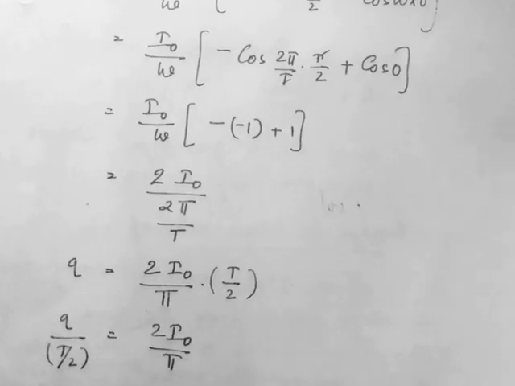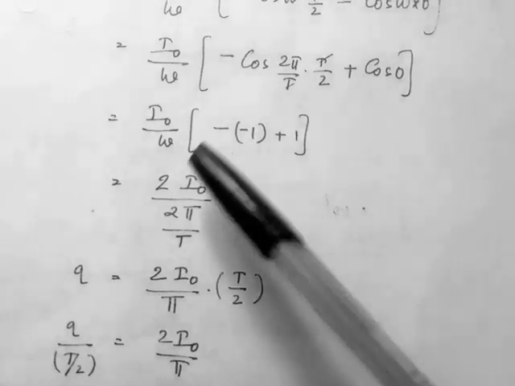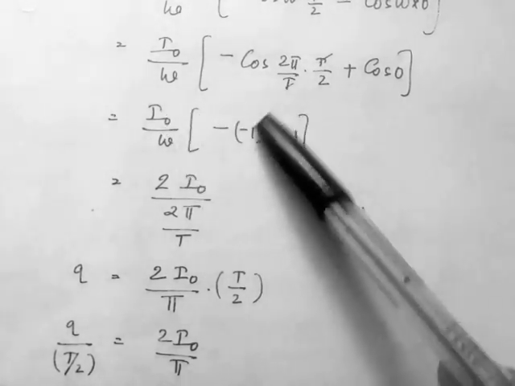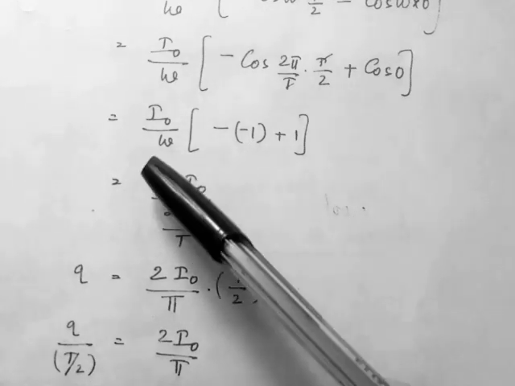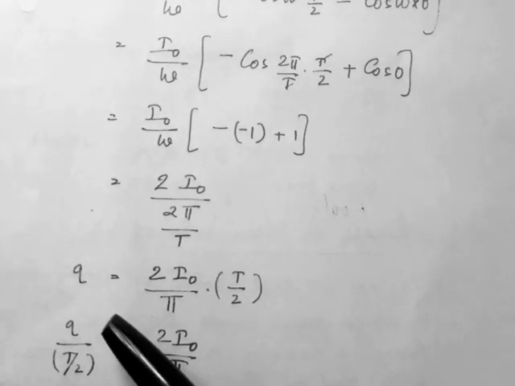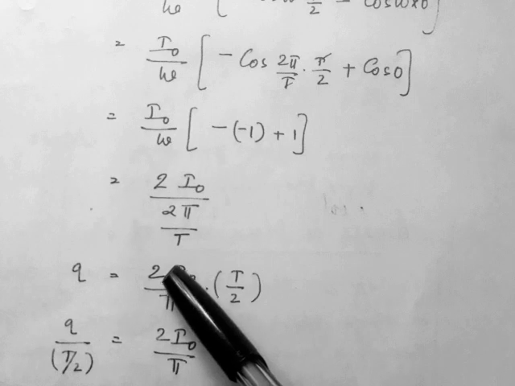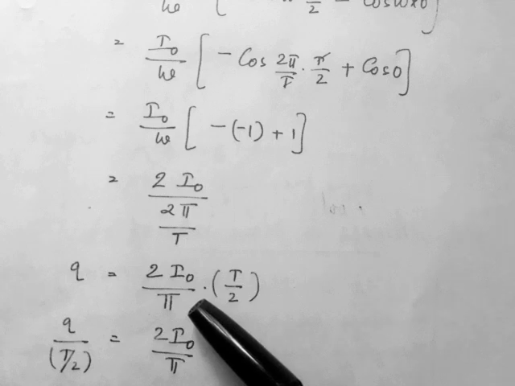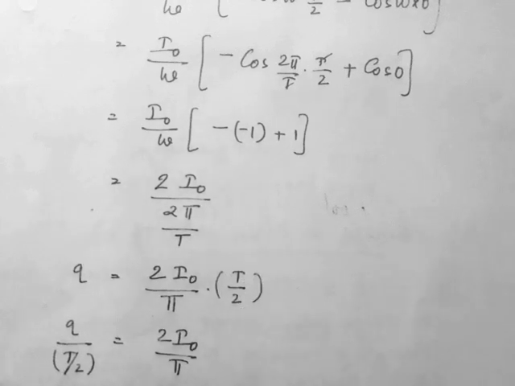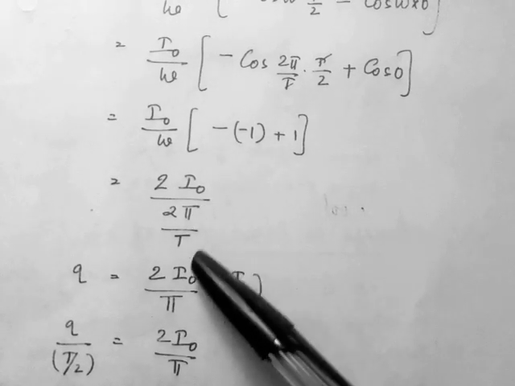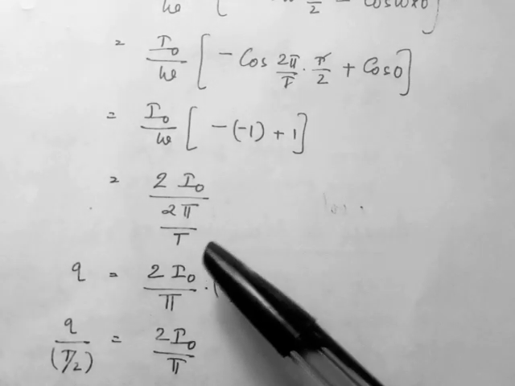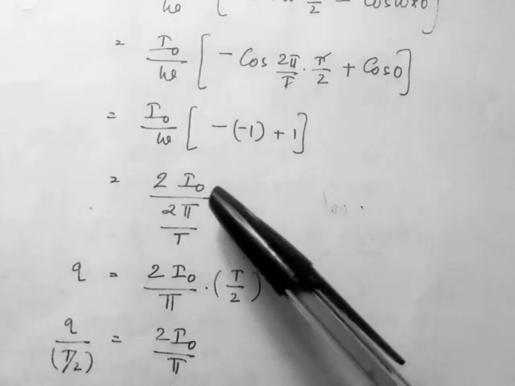And one more thing, this omega also we write as 2 pi by T. So here I0 into 2, omega is 2 pi by T. So we get q is equal to 2 I0 by pi into T by 2. Just rearranging, this pi is here, this 2 I0 by pi we keep.